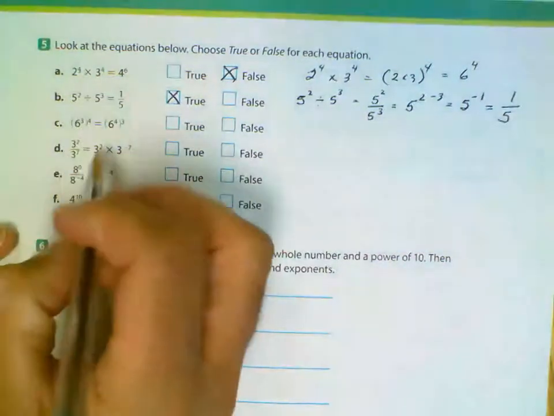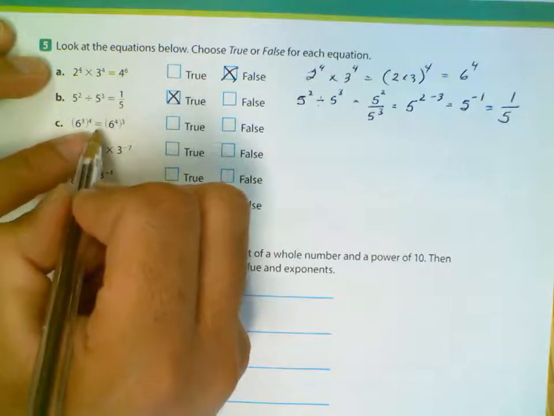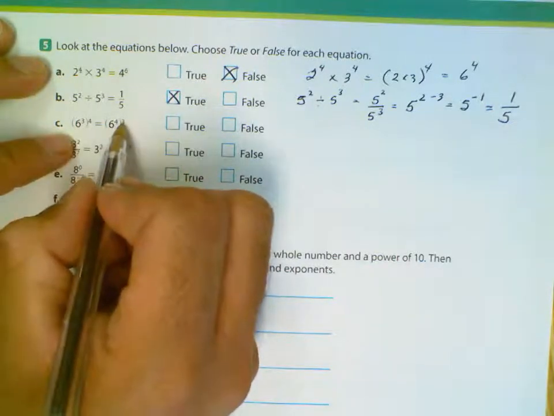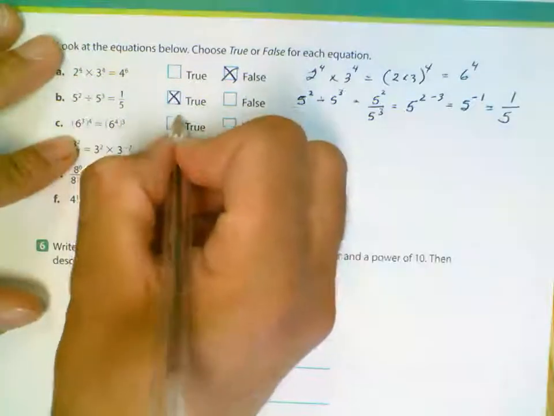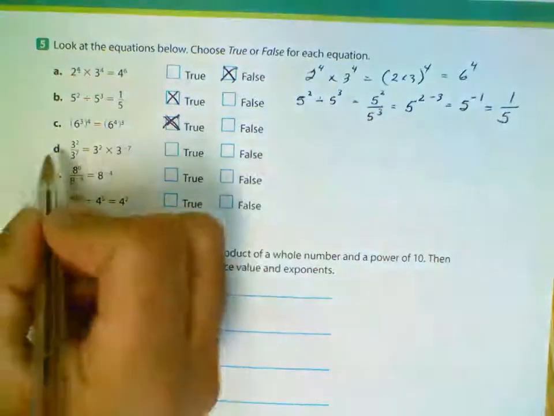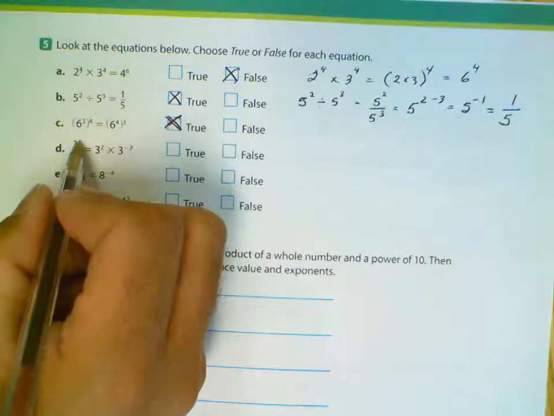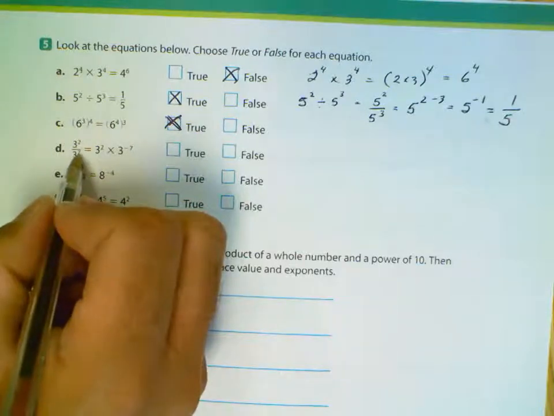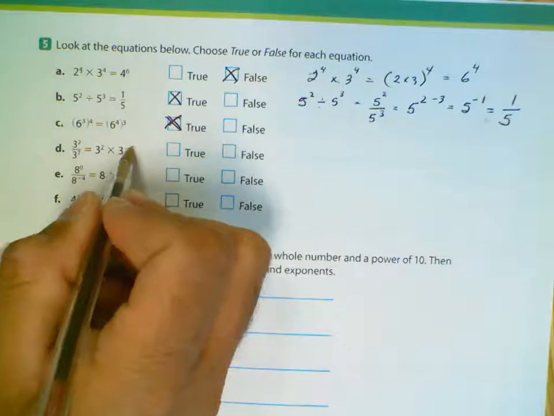Then I have C. 6 to the 3rd power to the 4th power is equal to 6 to the 4th power to the 3rd power. We solved one example similar to this one, and this one is true. And then I have D. I have 3 to the 2nd power over 3 to the 7th power equals 3 squared times 3 to the negative 7.